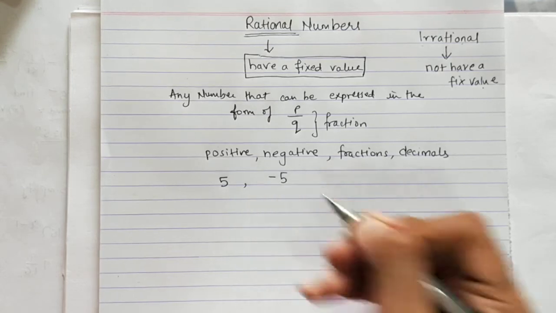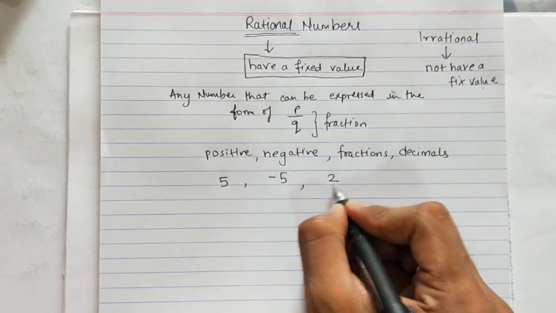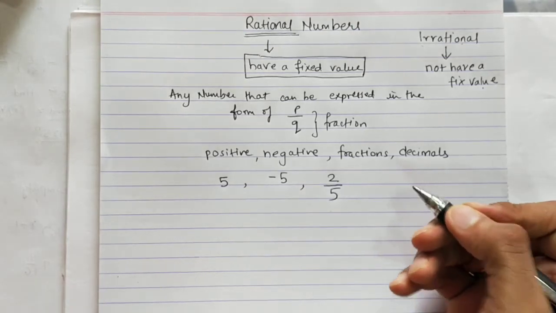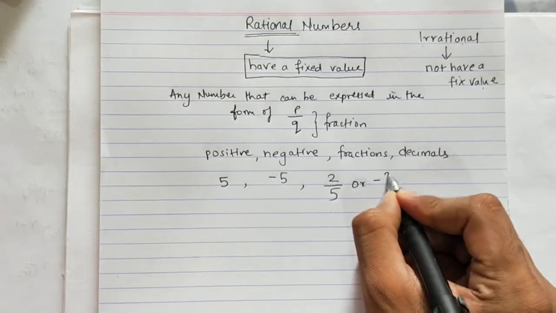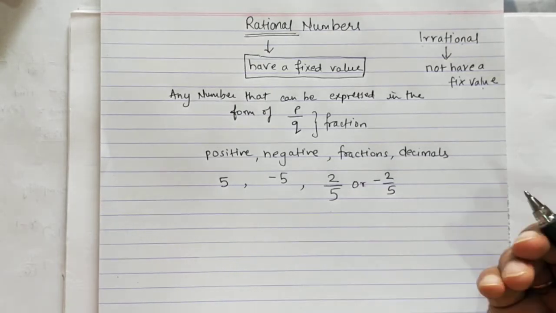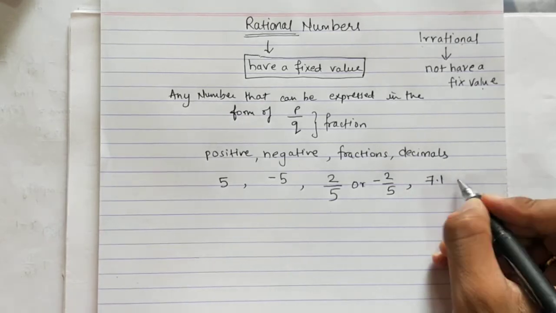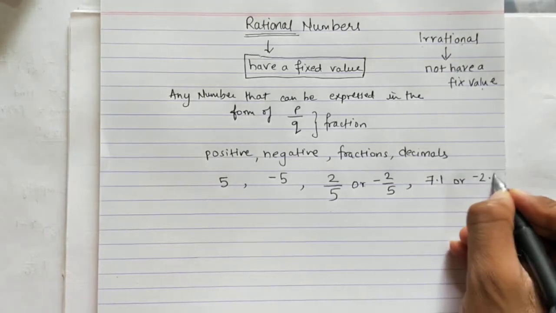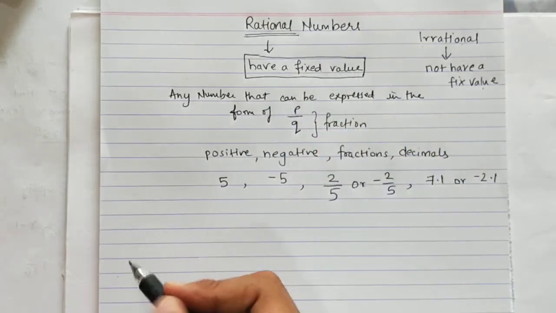Negative means -5 is also a rational number. Fraction means 2 upon 5, or I can say -2 upon 5. This is also a rational number. Decimal means 7.1, or I can say -2.1. These all are rational numbers.